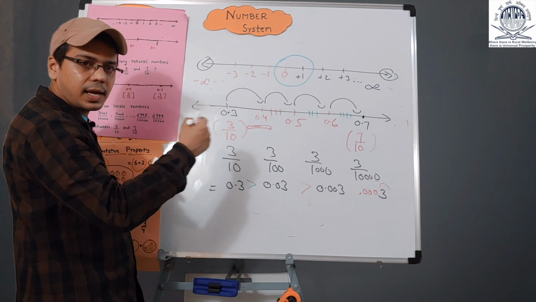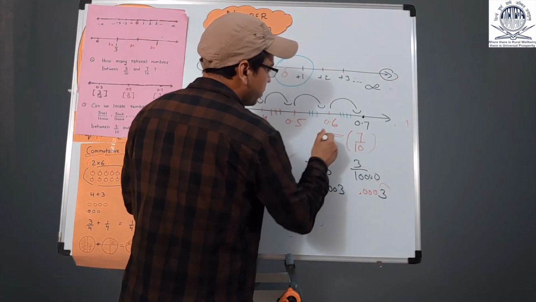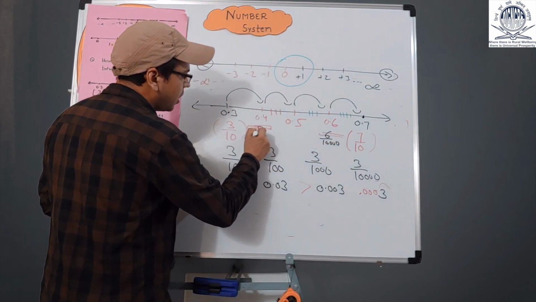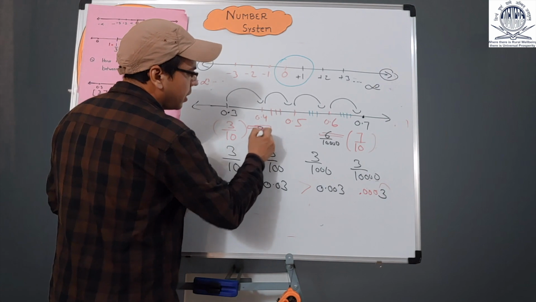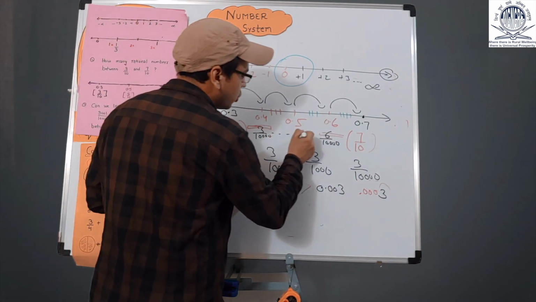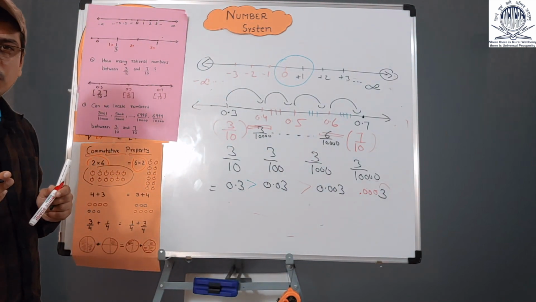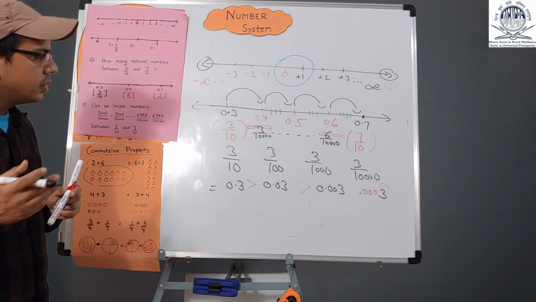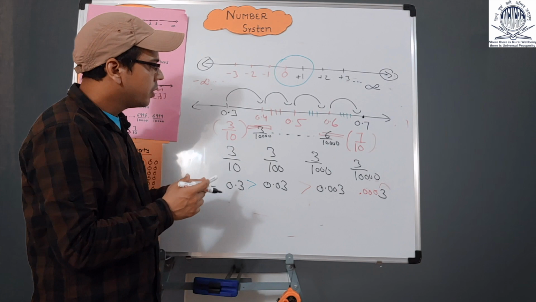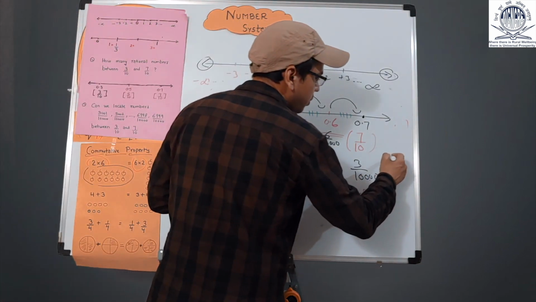And it can extend to, let's say, 6 by 10,000. So if I have 3 by 10,000 over here and 6 by 10,000 over here, how many numbers could be here? If you calculate carefully, you'll come to know that there will be like 3,999.